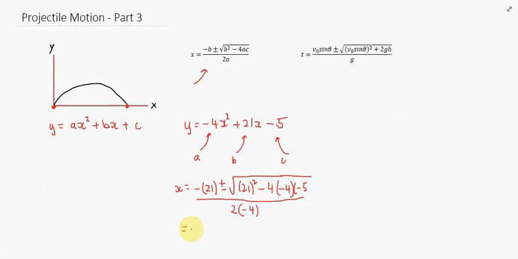Alright, so this would be negative 21 plus or minus the square root of all of this junk in here.